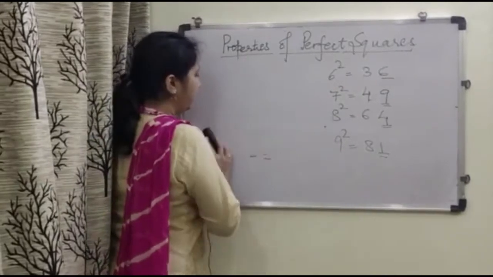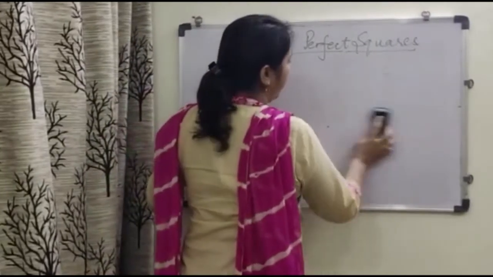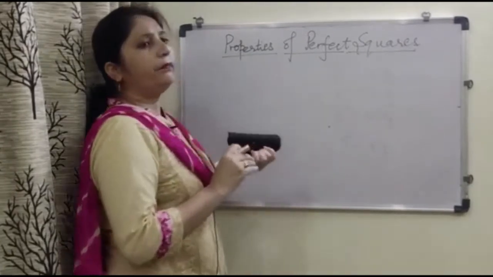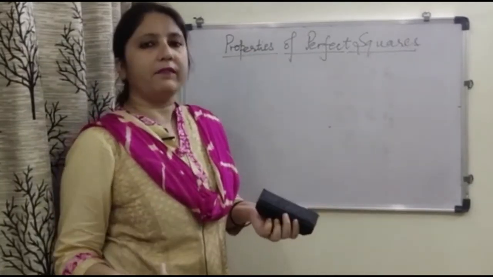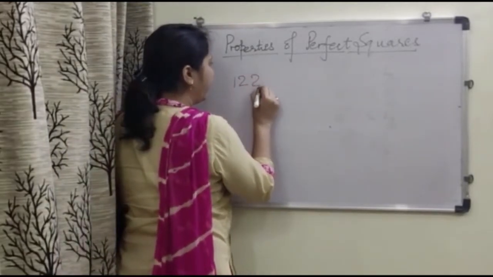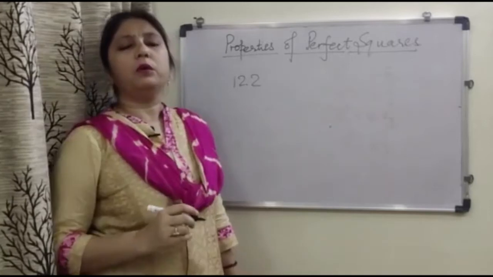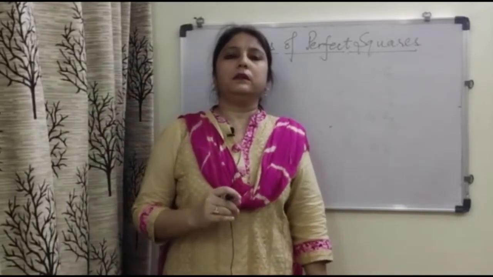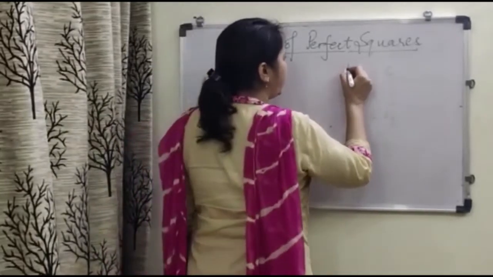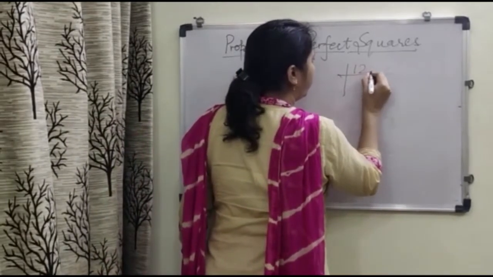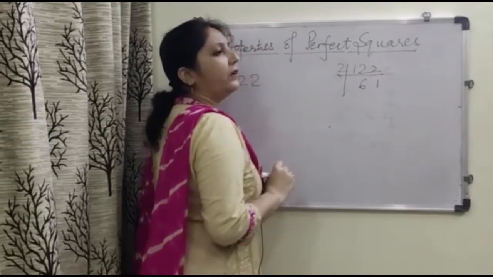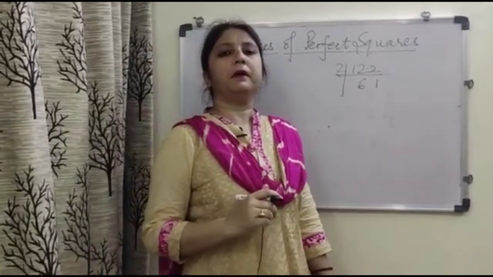For example, if you take any number ending with 2, 3, 7 and 8 like 122, and you try to find its prime factorization, by 2 it is 61, and 61 is again a prime number.